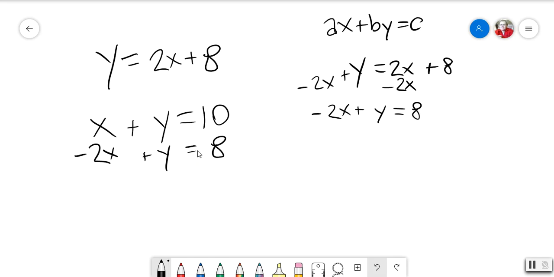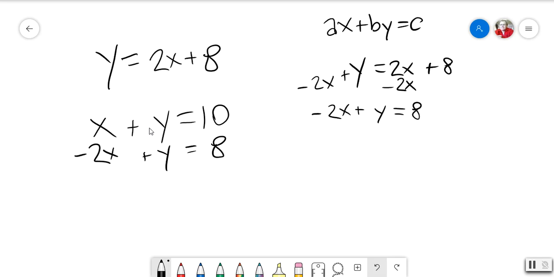If that x in the first equation was a positive 2x, it would cancel with this perfectly. So I could multiply this first equation all by 2. The x's would cancel out, and I would solve for the y and go about my business.